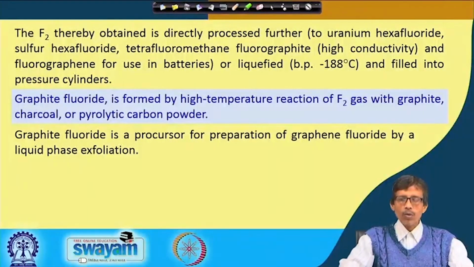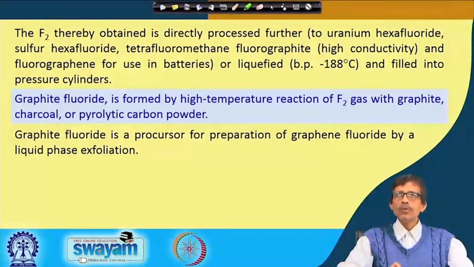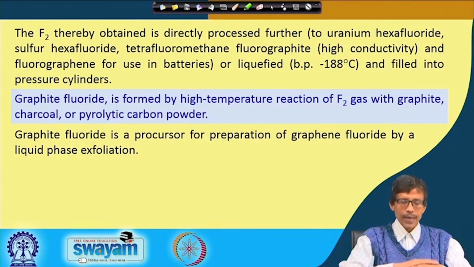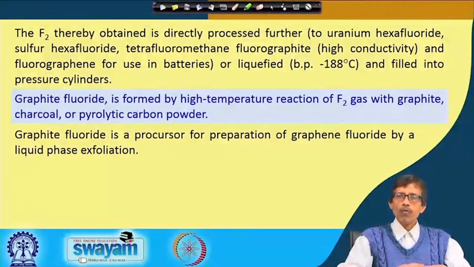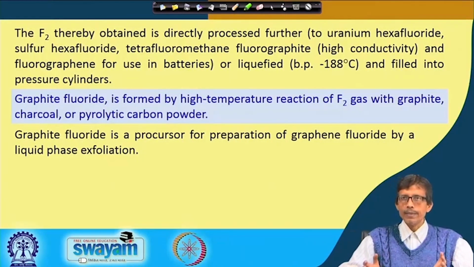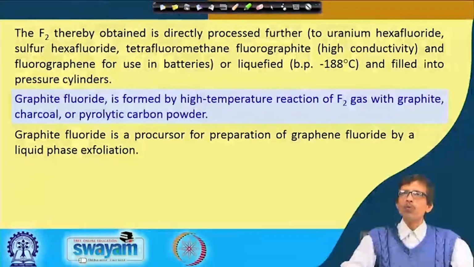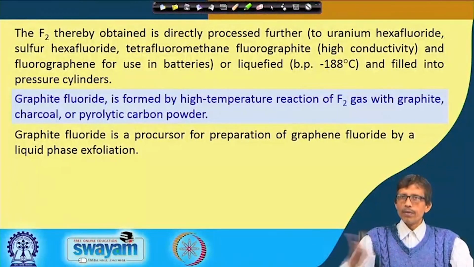So, this is also the precursor for the preparation of graphene fluoride by liquid phase exfoliation. The technique applied is layer by layer removal from your graphite block or graphite sheet, whatever it is. If you are able to remove one layer from that graphite surface, it is your graphene. Graphene is nothing but a sheet.